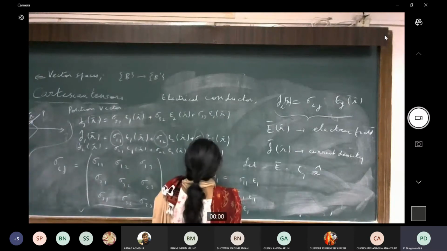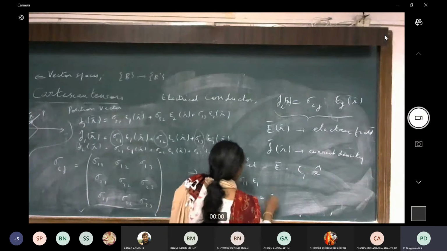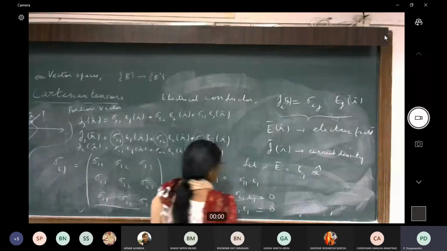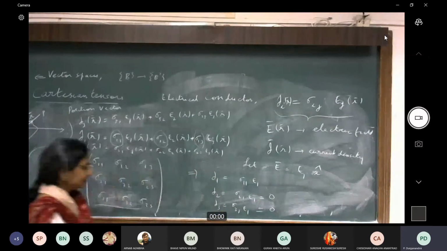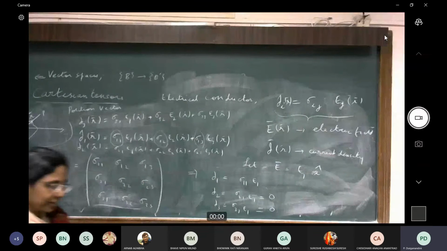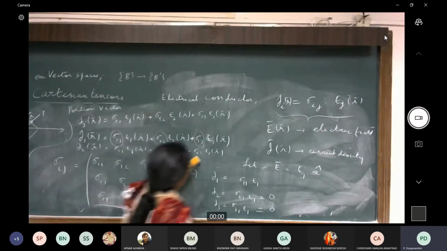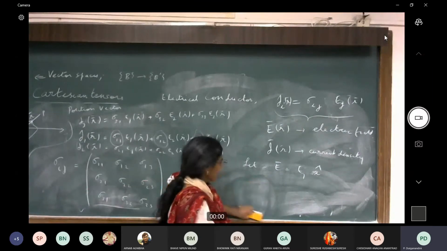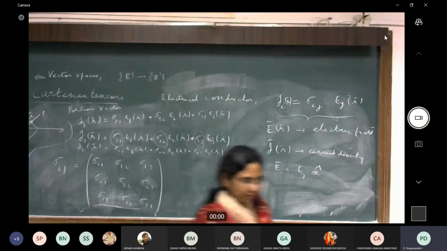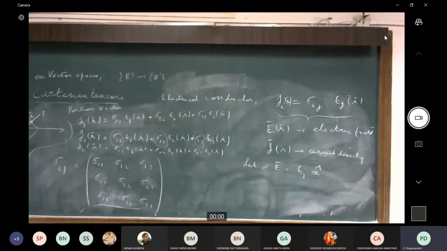What I would expect is that this should be 0 and that this should be 0 for an isotropic conductor. Or in other words, I expect that the current should be parallel to the direction of the applied electric field.